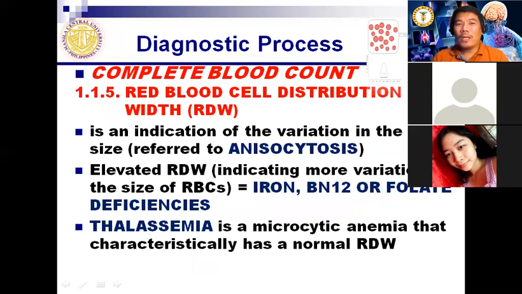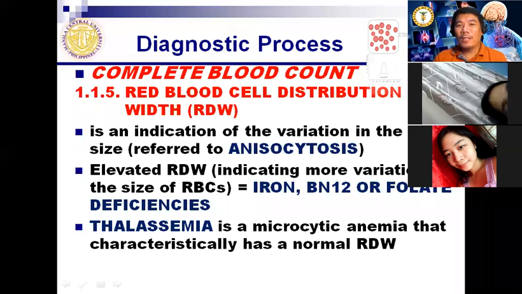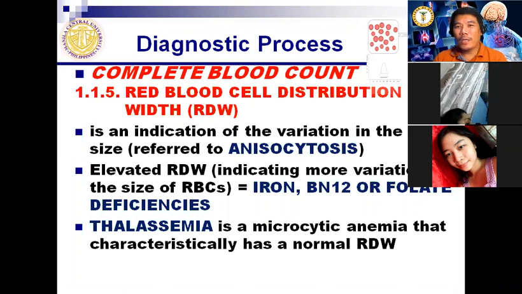Now, when it comes to the red blood cell distribution width, just a recap: the RDW is expected to be elevated with iron, vitamin B12, and folate deficiency.